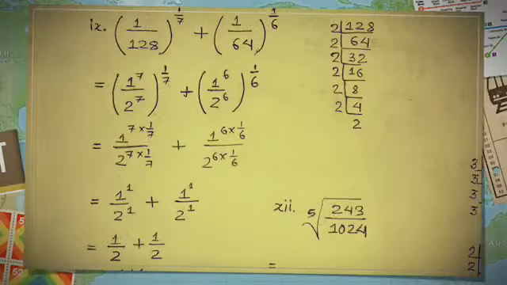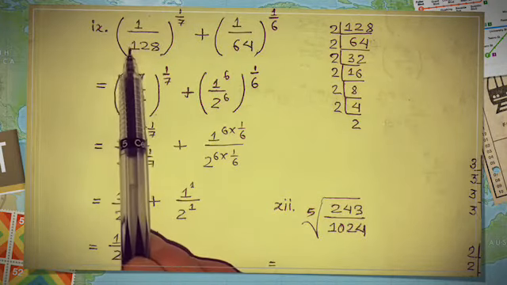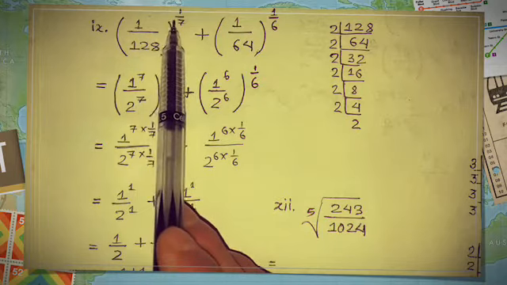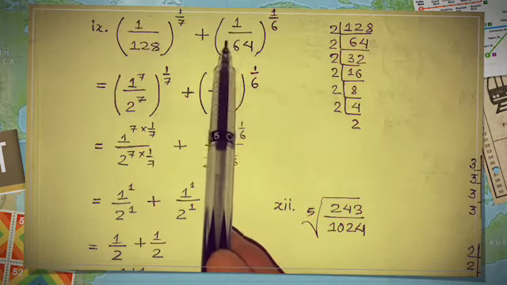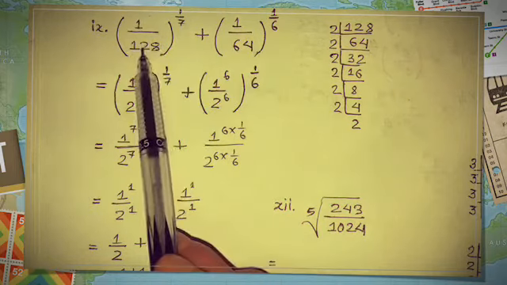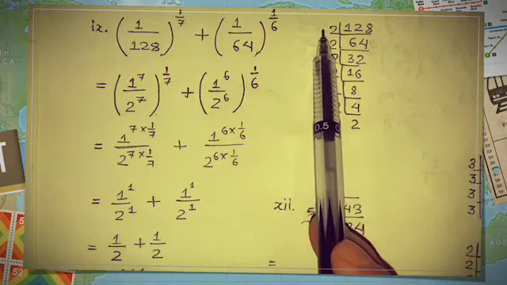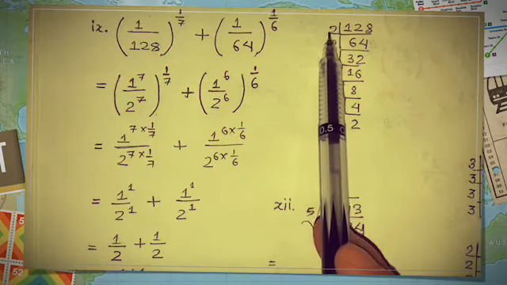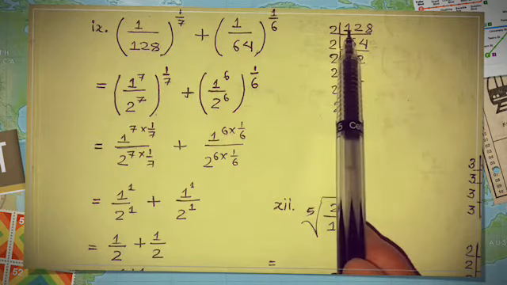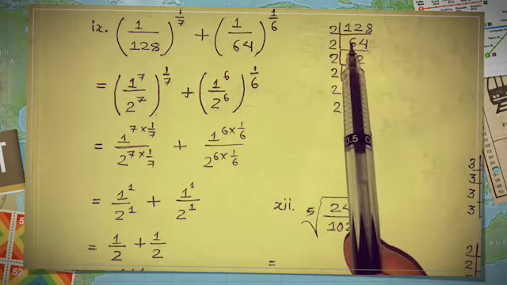We can be more clear with these questions: 1 by 128 to the power 1 by 7 and 1 by 64 to the power 1 by 6. By prime factorization of 128, we came to know that if 2 is multiplied 7 times, then 128 is obtained. Similarly, 64 is what?